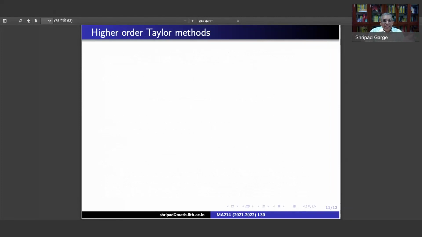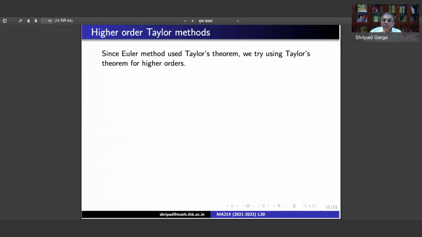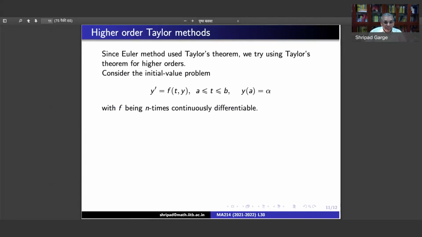And let me just mention one such method, which is called the higher order Taylor method, because after all, Euler's method used Taylor's method. So we will use Taylor's method for higher orders. And what we then have to assume is that this function f is n times continuously differentiable. To use Euler's method, we needed it to be only continuous. But now we assume that it is n times continuously differentiable.